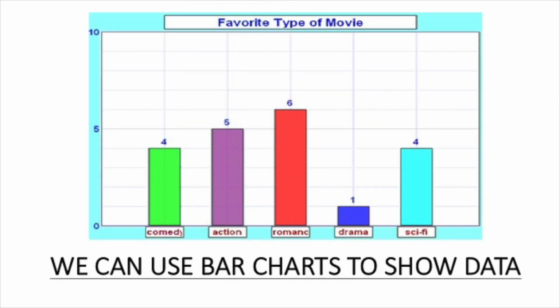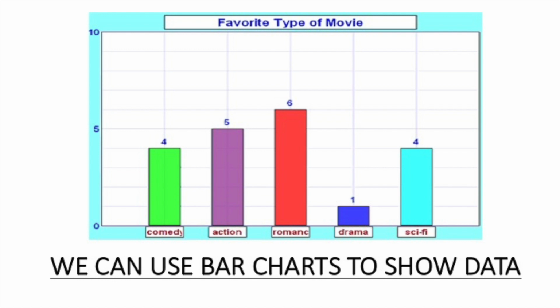We can use bar charts to show data. And remember, data is about facts and figures. Here, a bar chart is showing favorite type of movie. And we have 5 different selections: comedy, action, romance, drama, sci-fi.